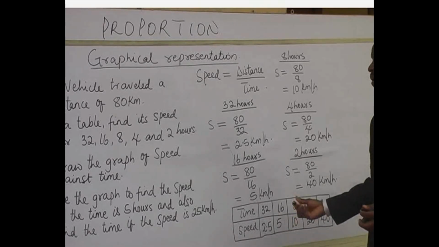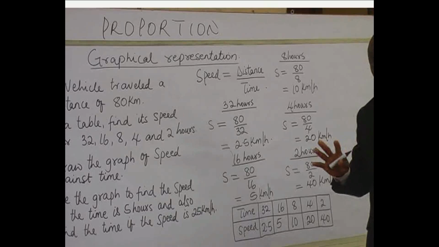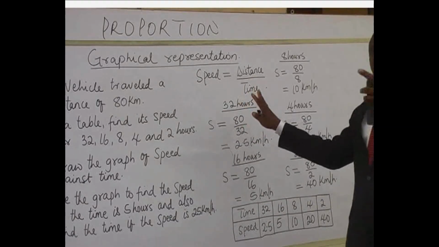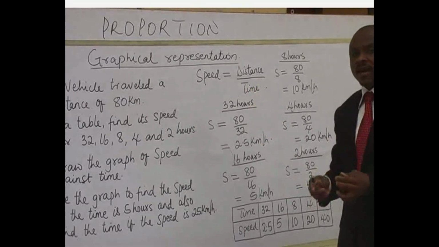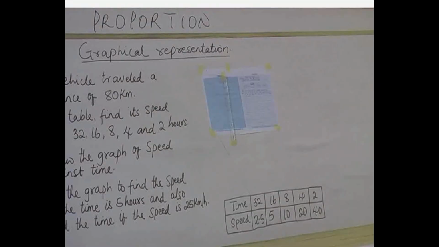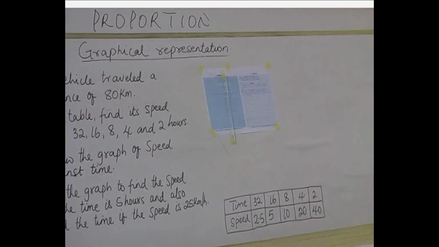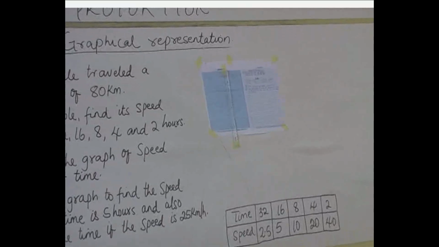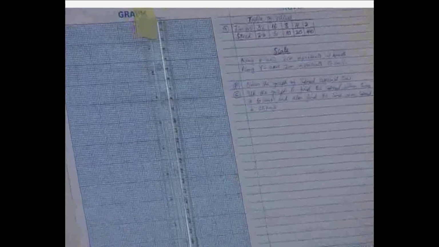So we are going to paste our graph paper again on the whiteboard and come close to draw the graph. You can see the graph paper pasted on the whiteboard. Let me bring it close. Okay, this is the graph paper.